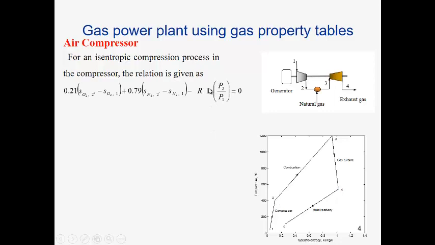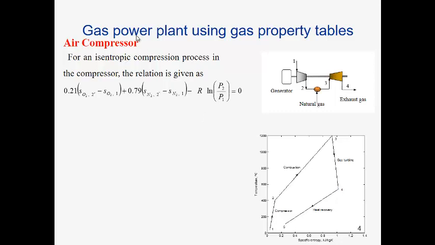So in the basic thermodynamics, using delta S is equal to 0, that exit temperature can be calculated. That is the relation between T2 by T1 and P2 by P1. That is T2 by T1 is equal to P2 by P1 whole power gamma minus 1 by gamma.